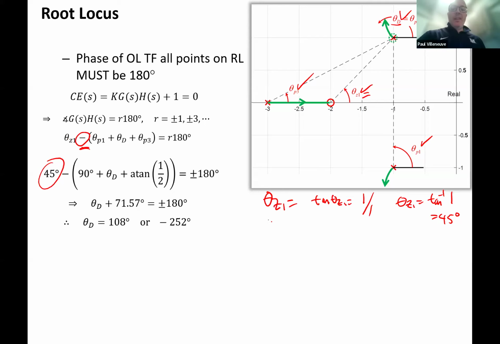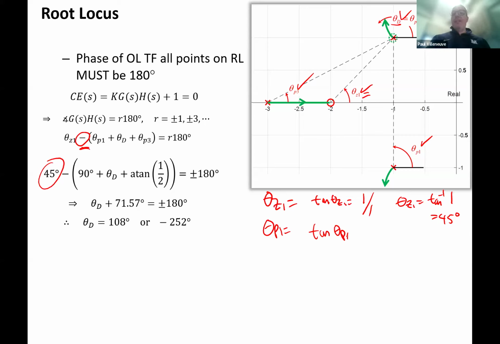All right, so let's do theta P1. Now you're all pros at it. How do I get theta P1? Inverse tan of what? Of 1/2? Is that what you said? Well, I do the opposite, right?